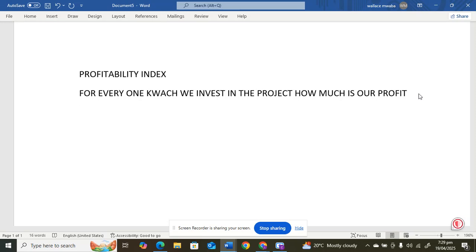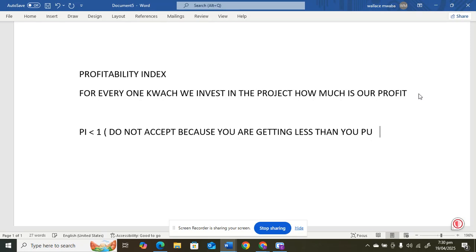With the profitability index, if your profitability index is less than one, then do not accept the investment, because you are getting less than you put in.